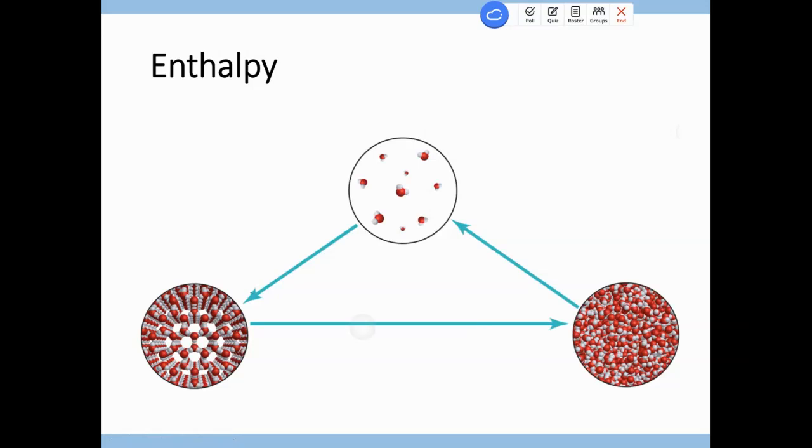So do me a favor first, and the arrow on the left from solid to gas, switch the direction. So it should point towards the gas, because we're going to define delta H of sublimation. So that's that process of going from solid to gas. That's why we wanted to switch the arrow direction.